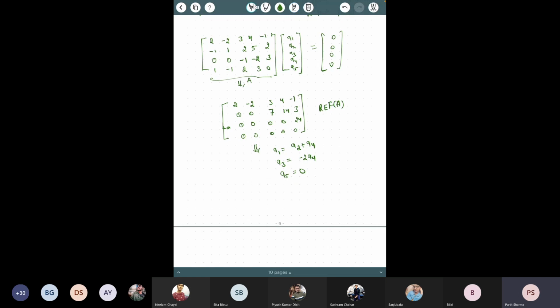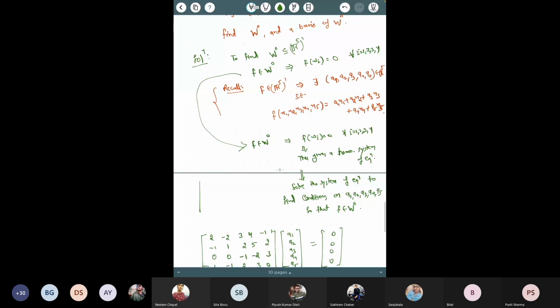So this is true for any element of W naught. So you can say that W naught is the collection of all linear functionals on R5 such that f(x1, x2, x3, x4, x5) is of this form, but now we have conditions on a1, a2, a3, a4, a5.